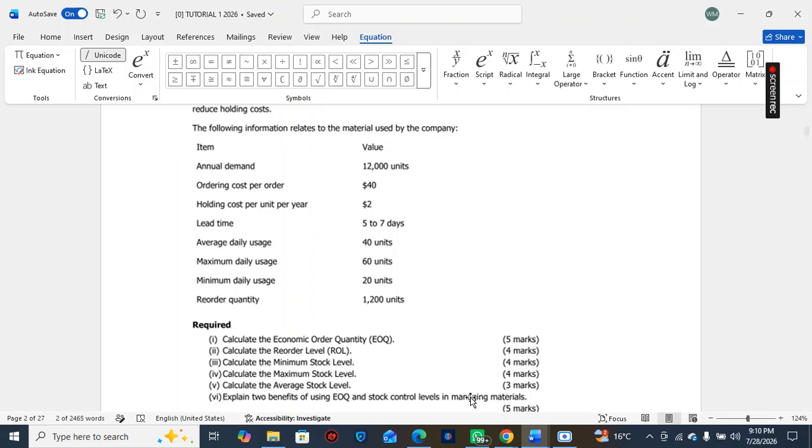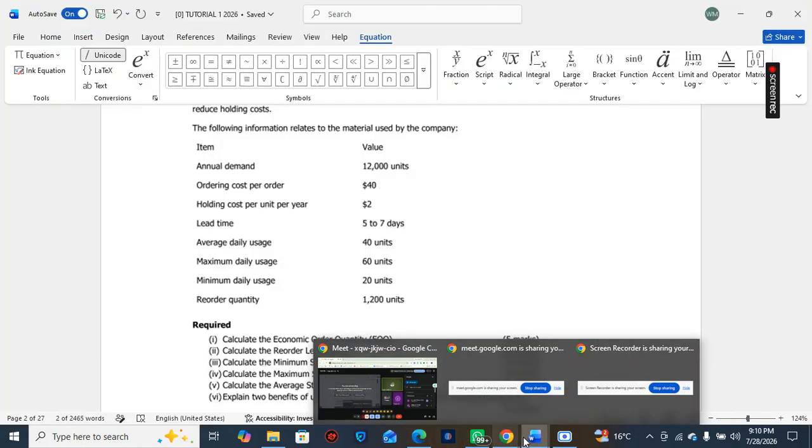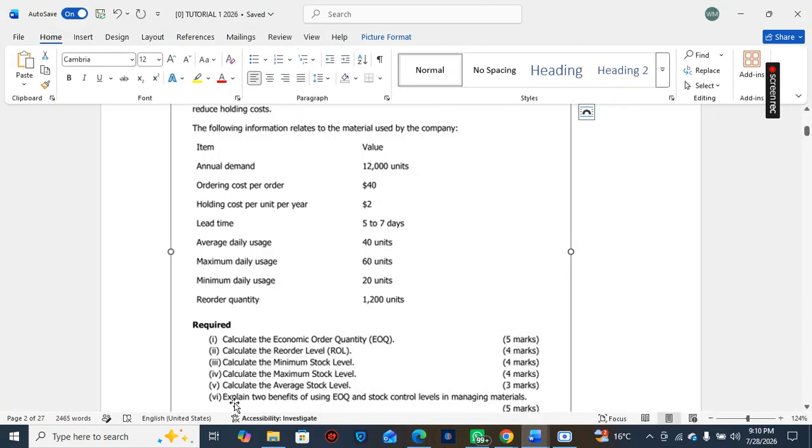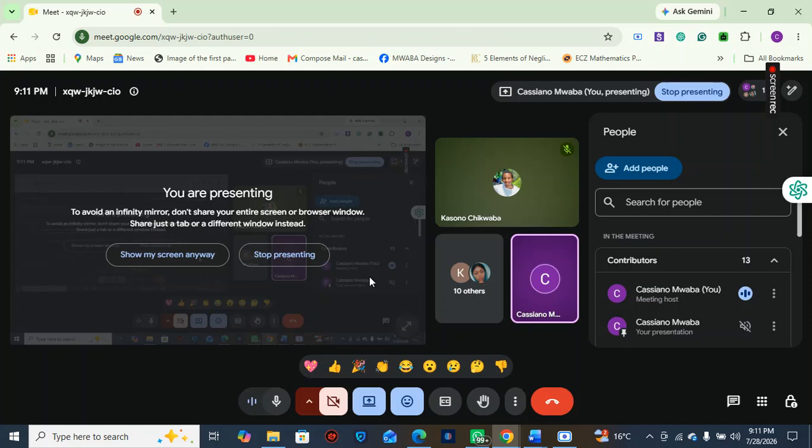So what's the benefit of having those control levels and the economic order quantity? Can I start with the most obvious one?